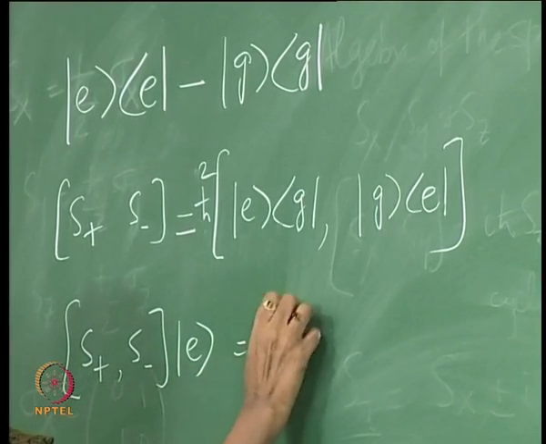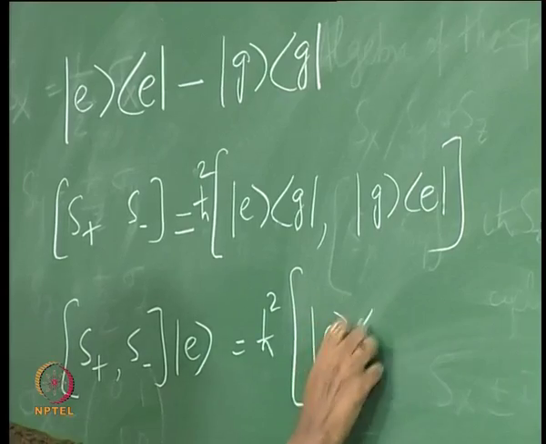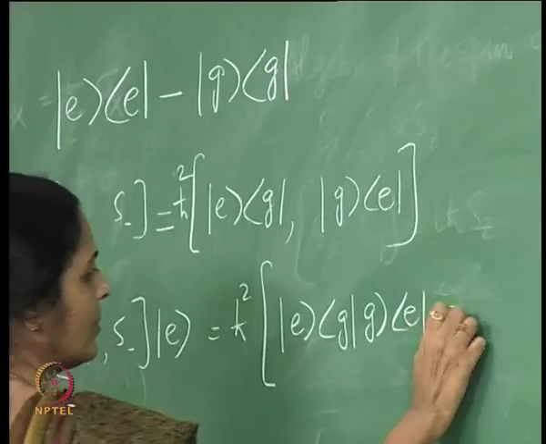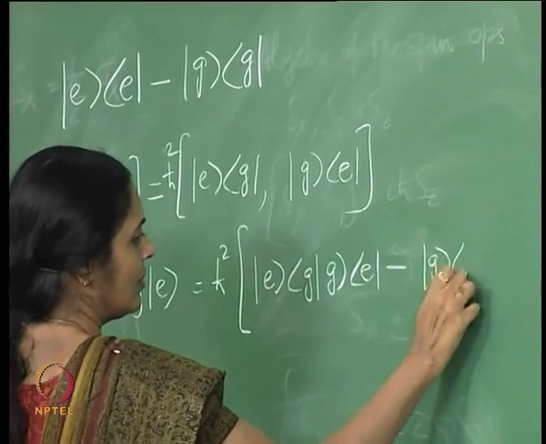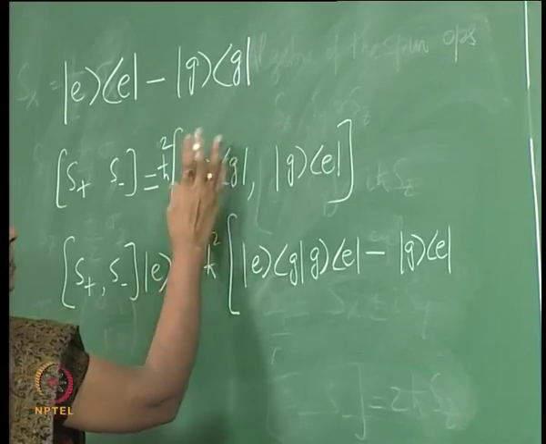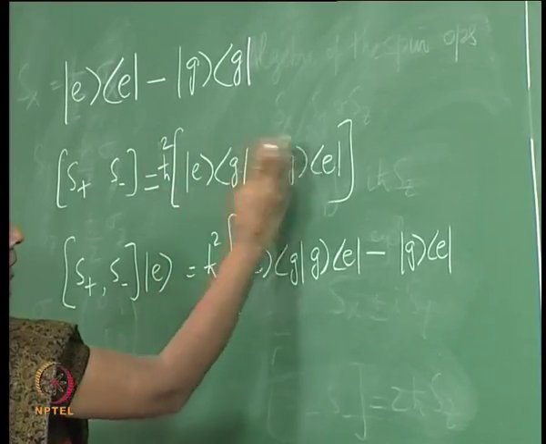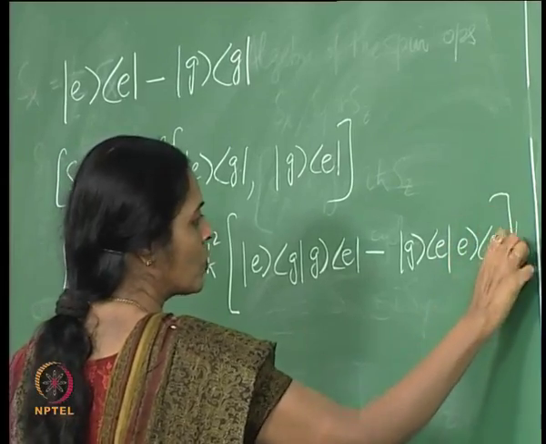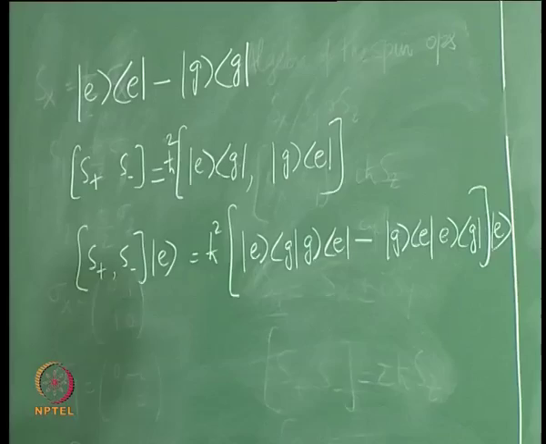So this is the same as H cross squared times the expanded commutator. Since the commutator is AB minus BA, where this is the operator A and that's the operator B, and this is supposed to act on ket e.